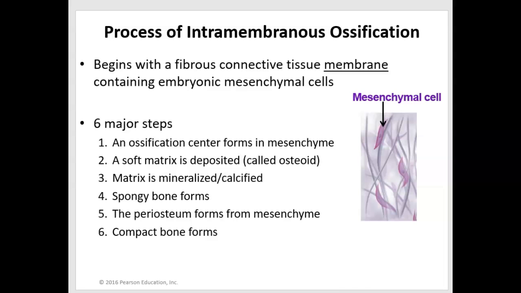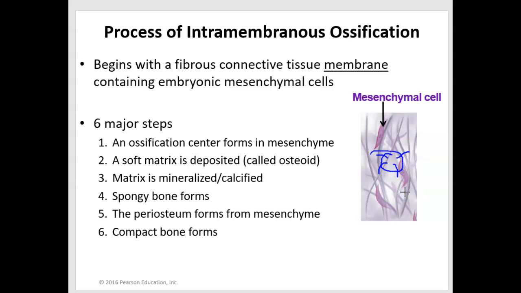First, an ossification center is going to form in the center of this mesenchyme membrane, somewhere about here. And the first thing that ossification center does is lay down bone matrix, but it's not hard bone matrix. It's called osteoid. It's soft.